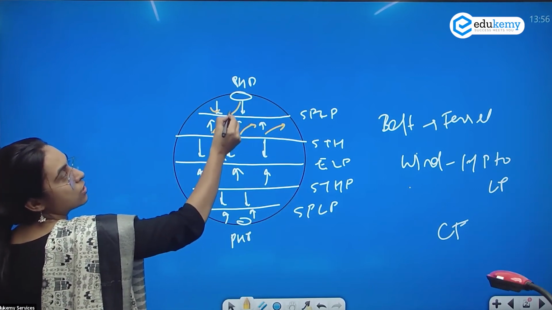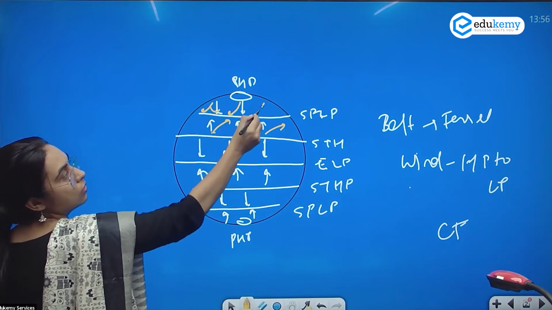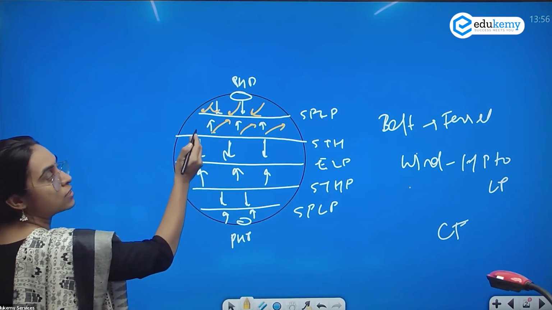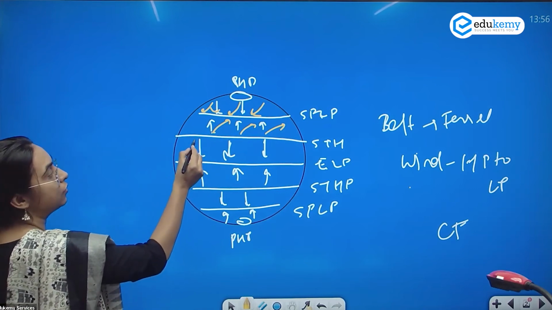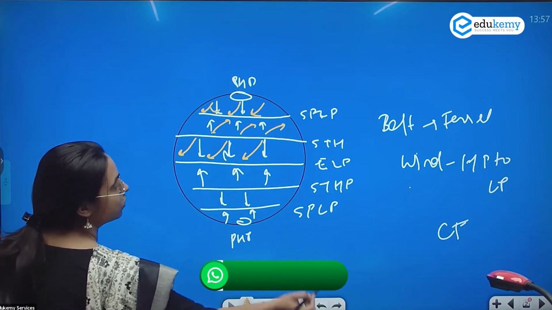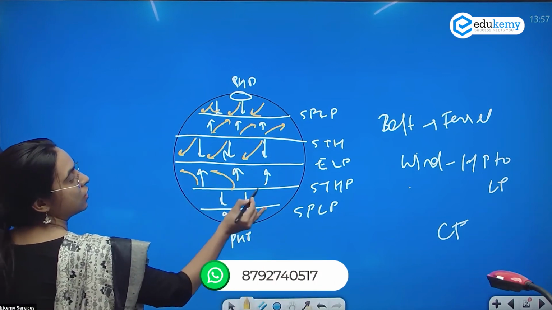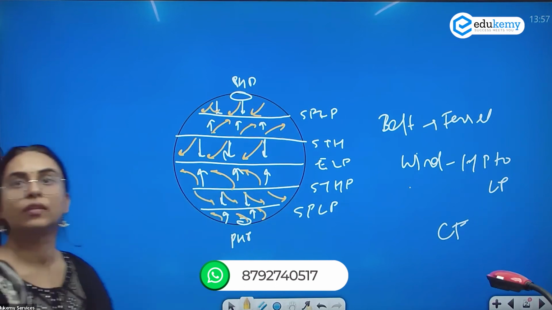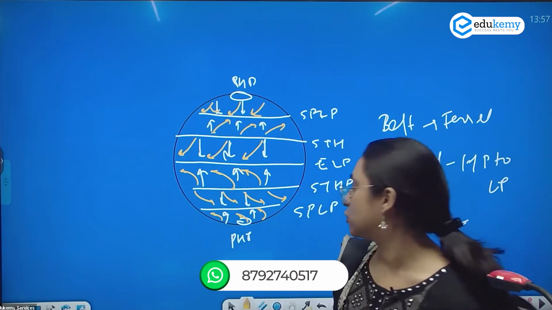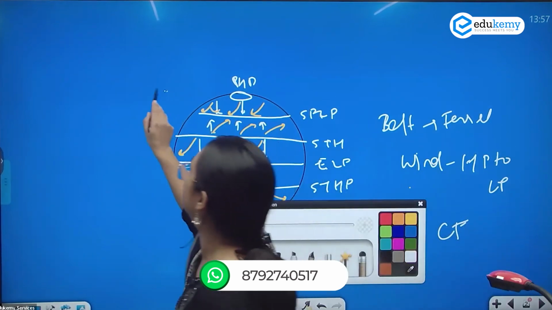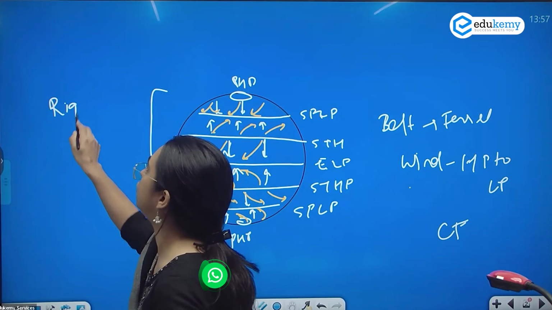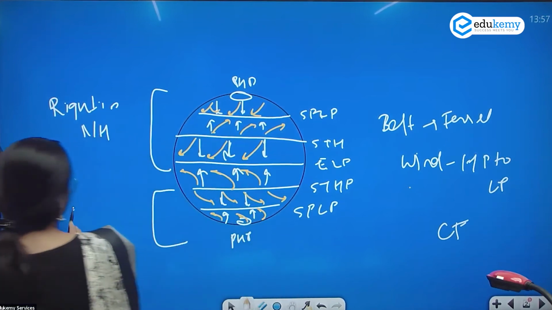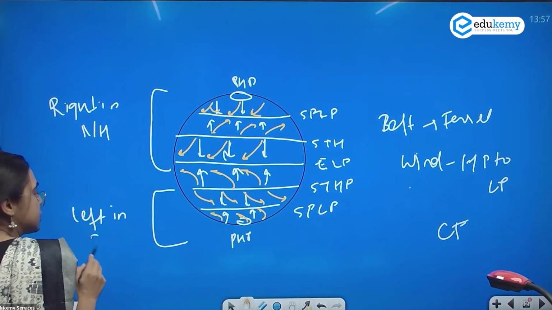So ऐसे हो जाएगा, ऐसे हो जाएगा, ऐसे हो जाएगा. Right? Here also in the right towards the direction of the wind. It is left towards the southern hemisphere. Yes, so the wind is deflecting towards the right in the northern hemisphere, whereas the wind is deflecting towards the left in the southern hemisphere.